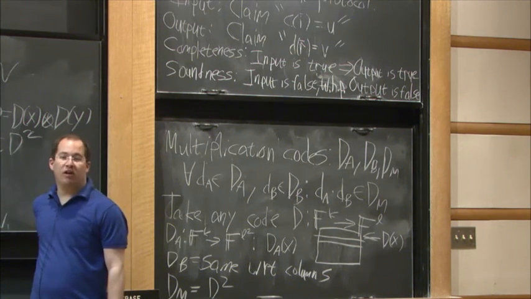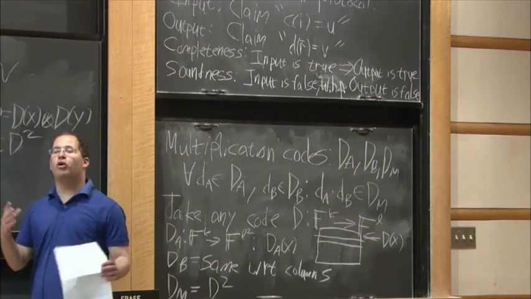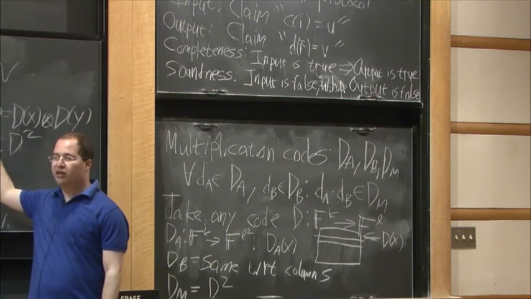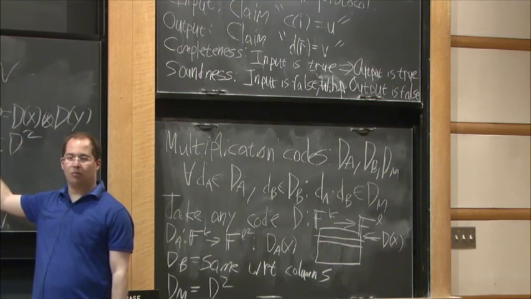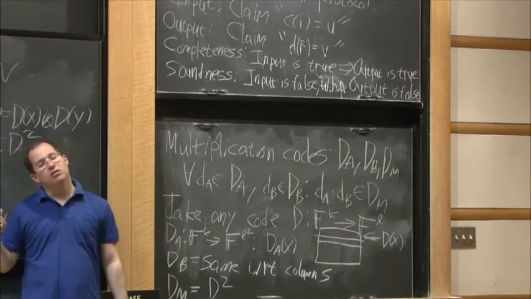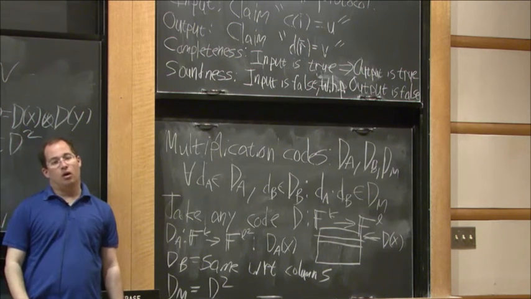I don't know of any construction of multiplication codes that are not polynomials and have anything that is better than quadratic blow-up. No, they were for polynomials. The degree increases. Sorry? They were for polynomials. The value of the degree increases.